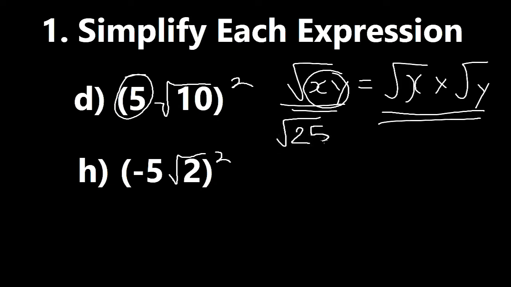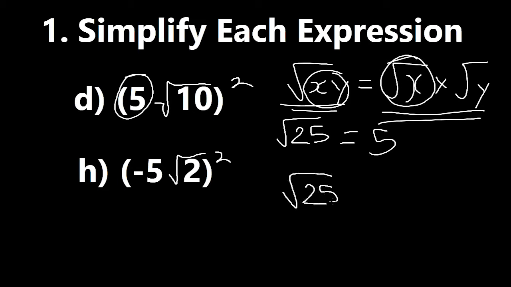That means that root 25 is the same thing as 5. So we now can say that our x over here is root 25, which just means 5, and we also have our y, which is going to be root 10.